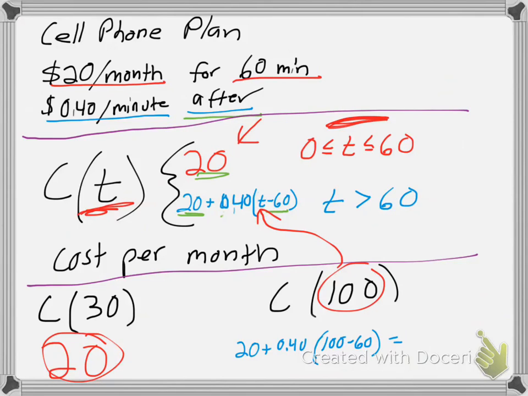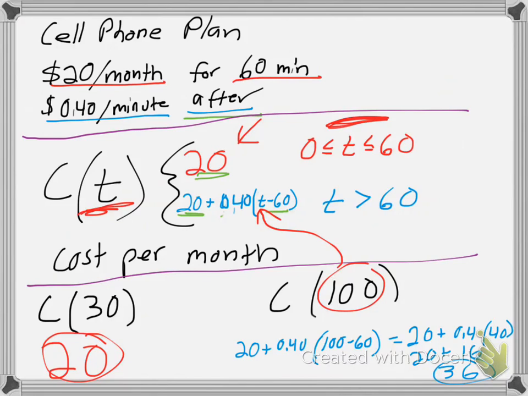We'll end up getting that the plan will be the same thing as 20 plus 0.4 times 40, which is going to be the same as 20 plus 16. So our final plan would be $36 for the month.